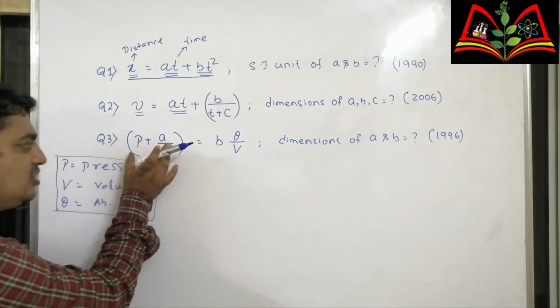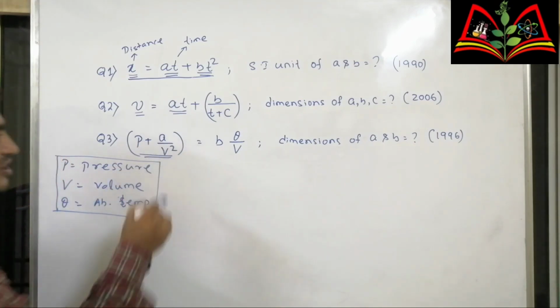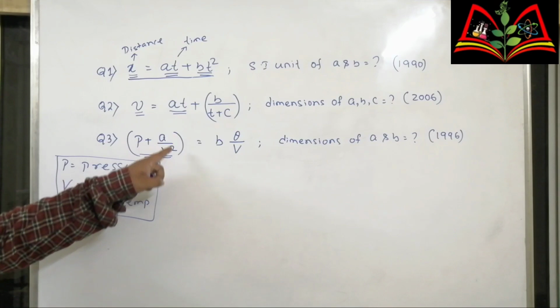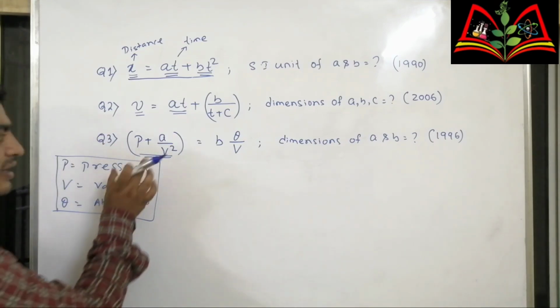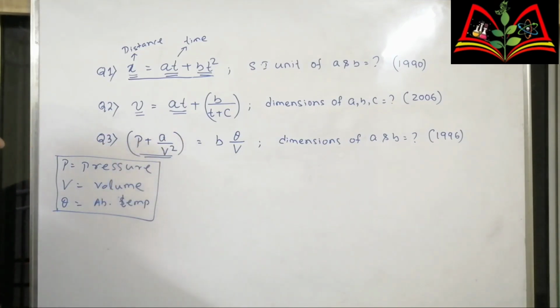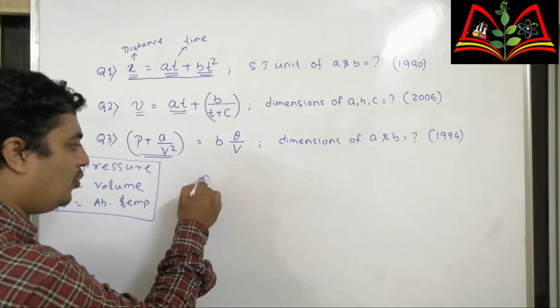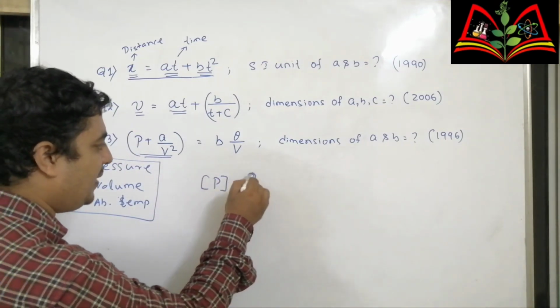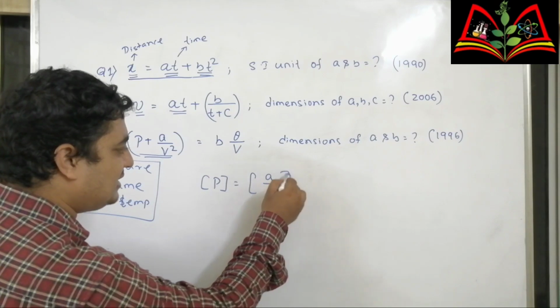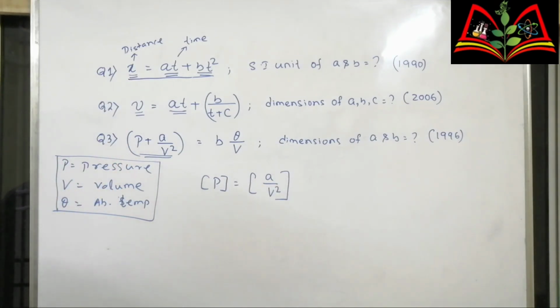Now just consider this equation. P plus A by V square. It is written that P plus A by V square. So we can say dimension of P must be equal to dimension of A by V square.